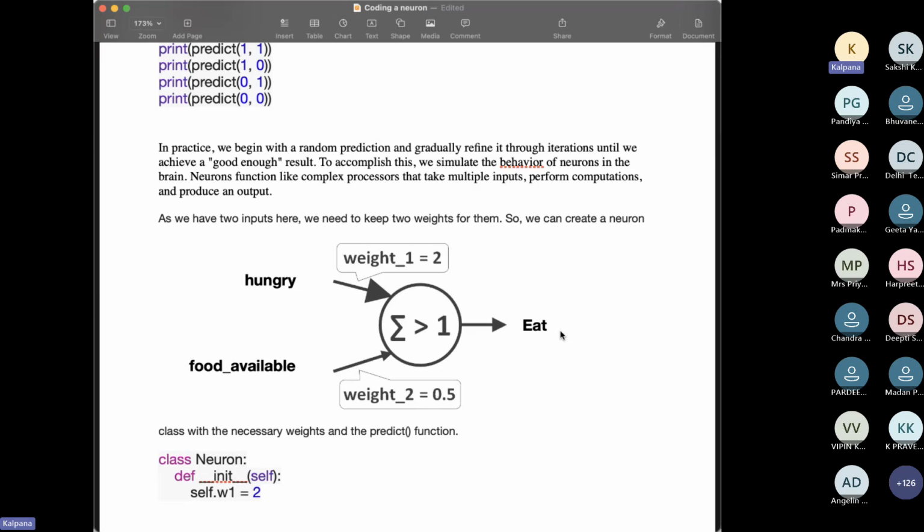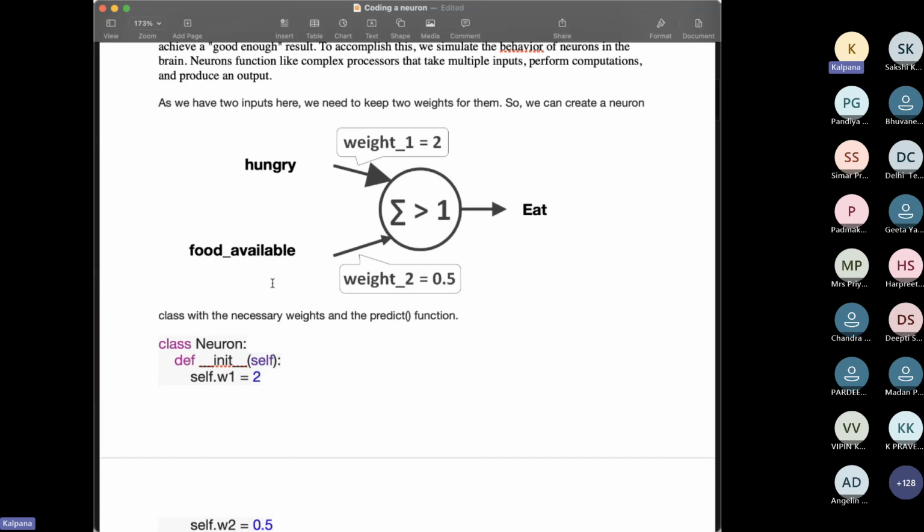If the summation is less than 1, then obviously eat will be inactive. The weights initially are 2 for hungry and 0.5 for food available. Is this much clear to all? Yes, ma'am. Because there are two inputs, there are two weights. These inputs are nothing but the features, right? So we have the weights for the two features.